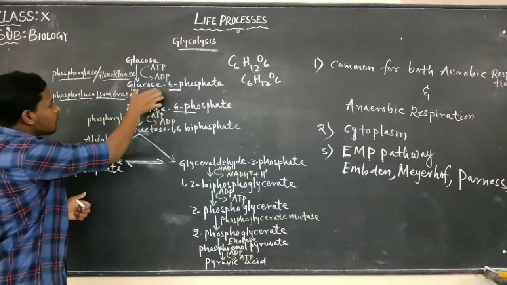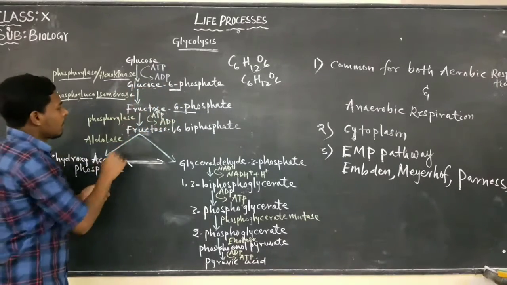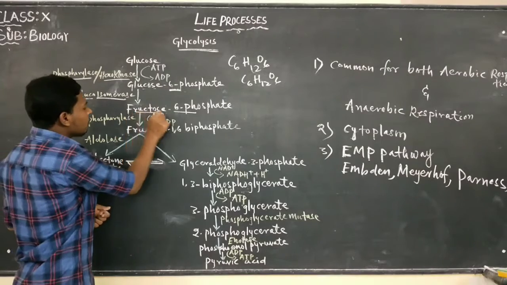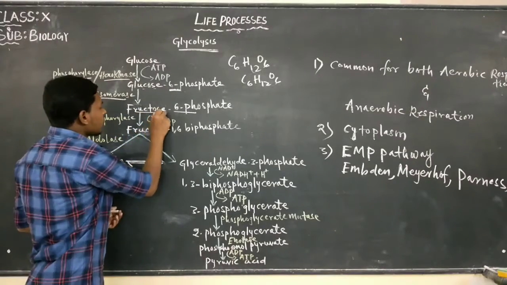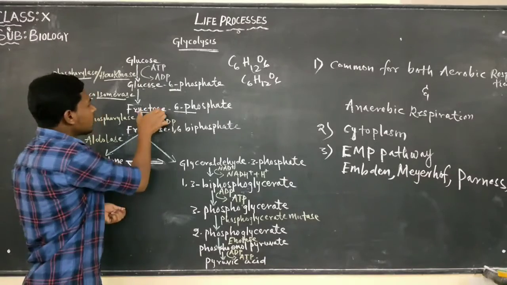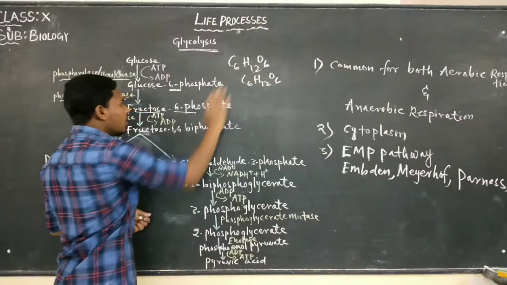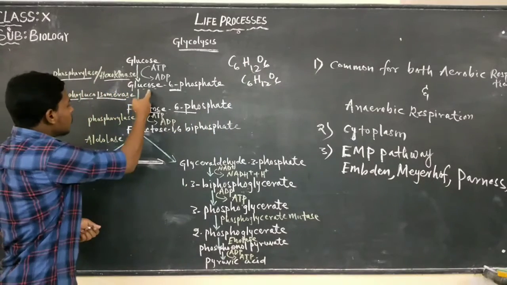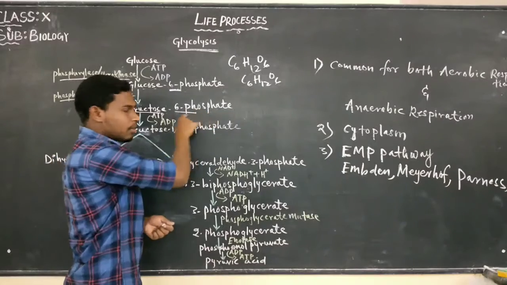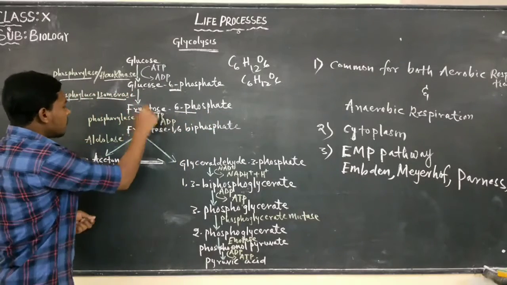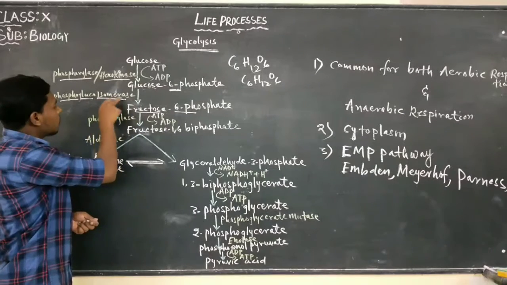Glucose 6-phosphate is converted into its isomer, fructose 6-phosphate, because they have a similar molecular formula.